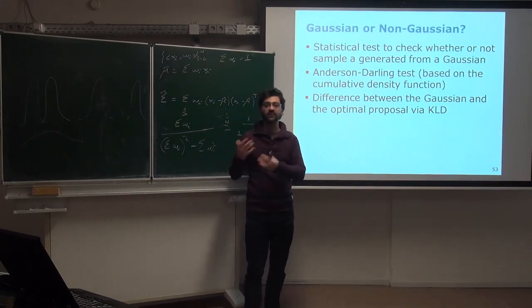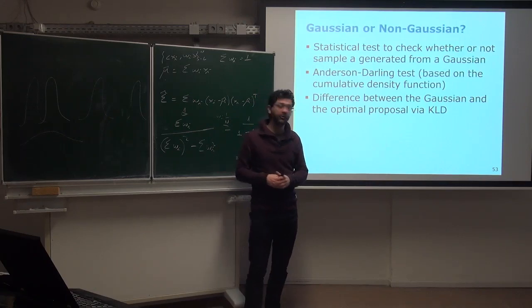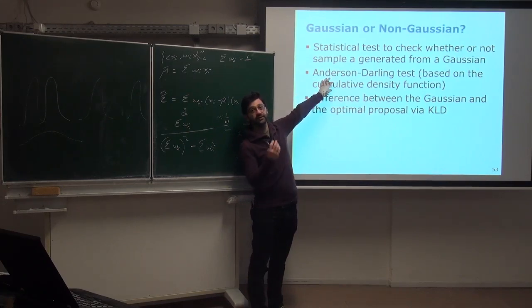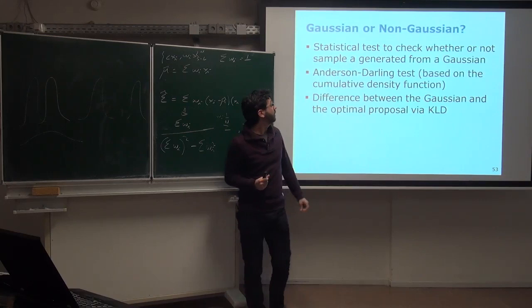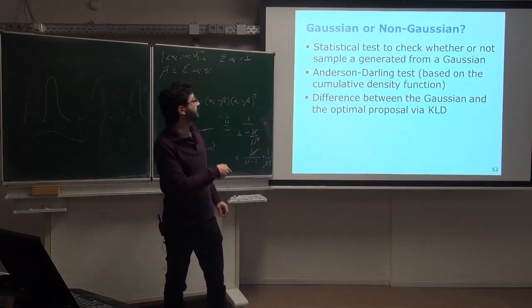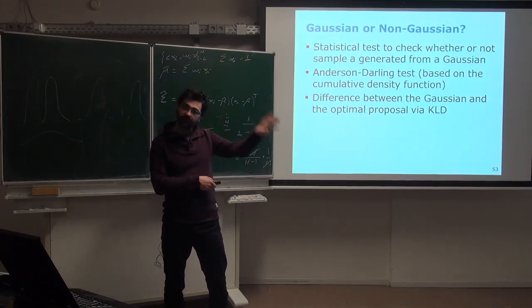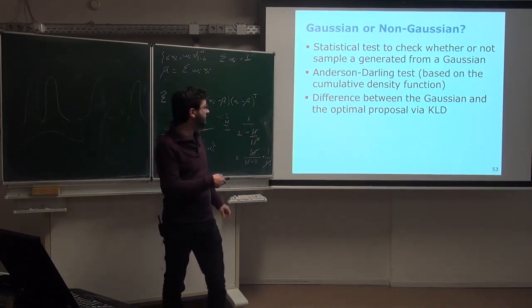If it's not in these values, it's not likely to be a Gaussian, and so on. So it's a common statistical test to see if data actually arises from a typical distribution. We can do it on the approximation, and also considering the real data that we get there.